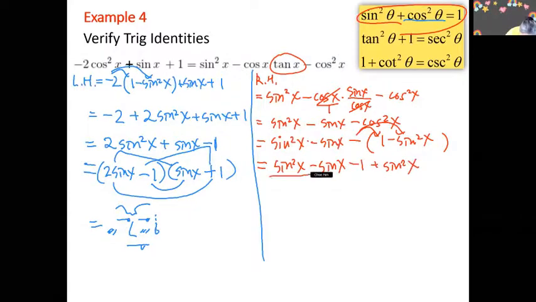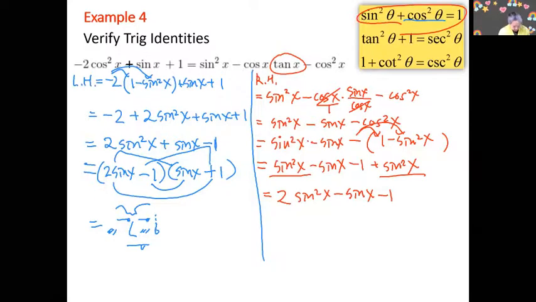Then the sine square x terms add to be 2 sine square x, and minus sine x, and minus 1.